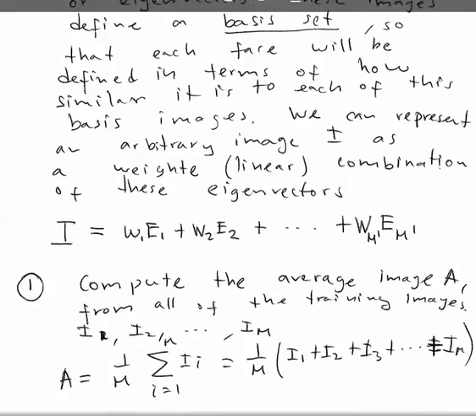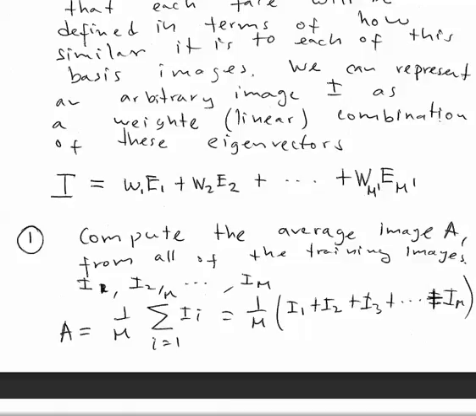So let's start with the idea of this algorithm. First, we have to compute the average image A from all training images. We have all the images from a given set, and it is a basic averaging procedure: we add the images and then divide by the total number of images, which is m, and we get a new face.